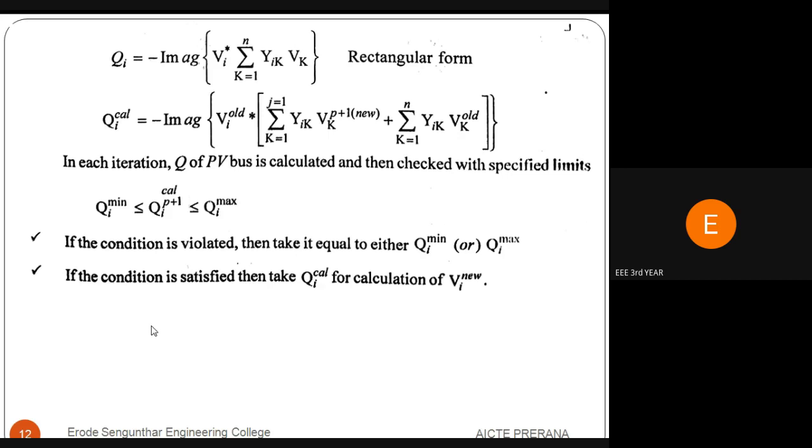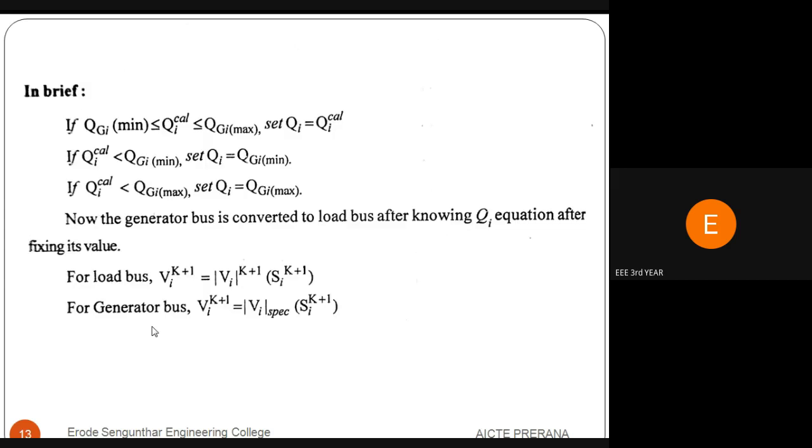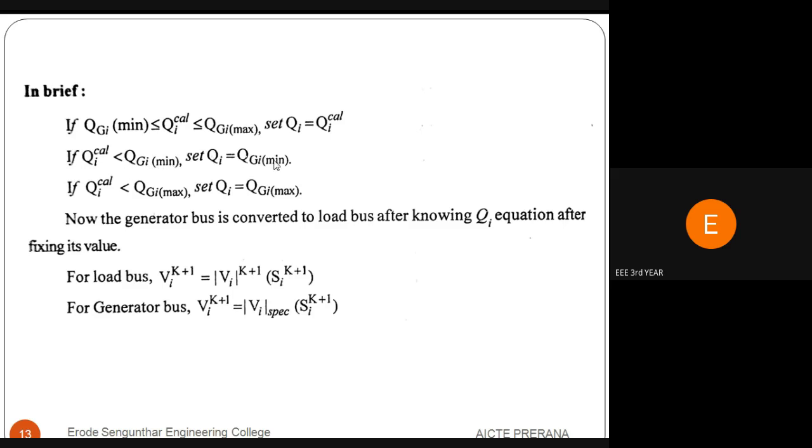If the condition is satisfied, then take Q_i calculated for calculating V_i new. In brief, if Q_Gi minimum is less than or equal to Q_i calculated less than or equal to Q_Gi maximum, then we take Q_i equal to Q_i calculated. This value should be taken for Q_i for calculating the new voltage. If Q_i calculated is less than Q_Gi minimum, set Q_i equal to Q_G minimum.